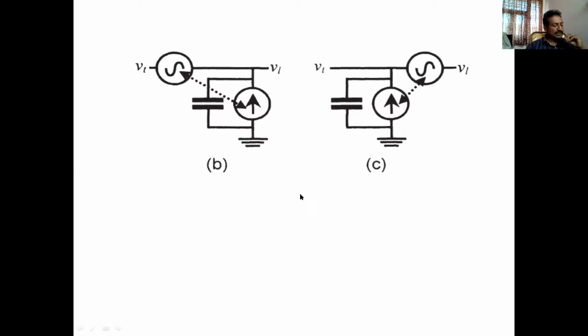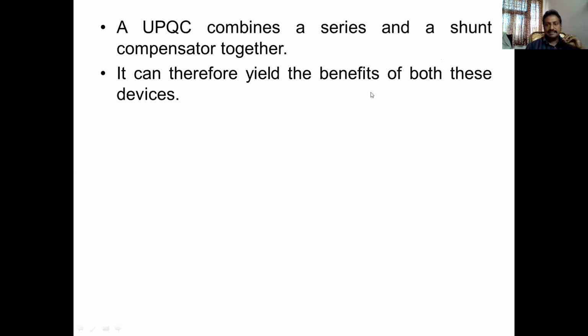So here there are two different ways of connecting the UPQC. These are shown in the figure. In connection B, the series device is placed before the shunt device, while in figure C, it is placed after the shunt device. The UPQC combines a series and a shunt device together.